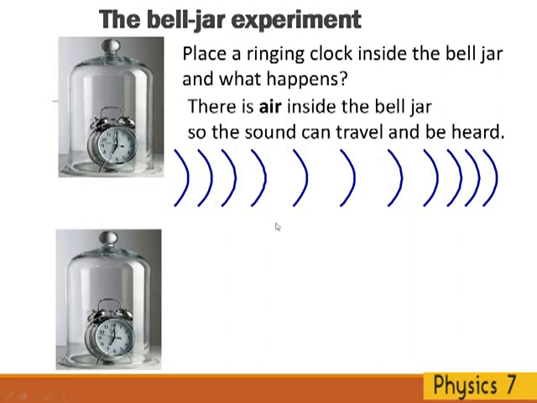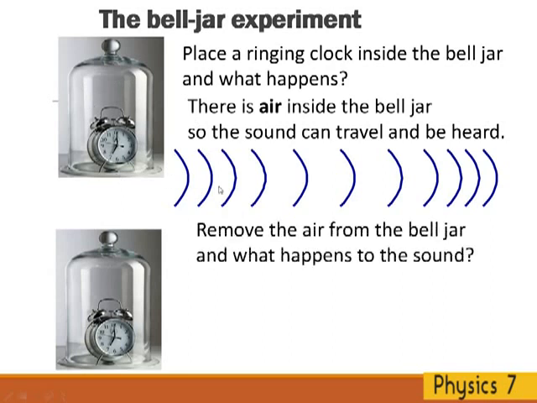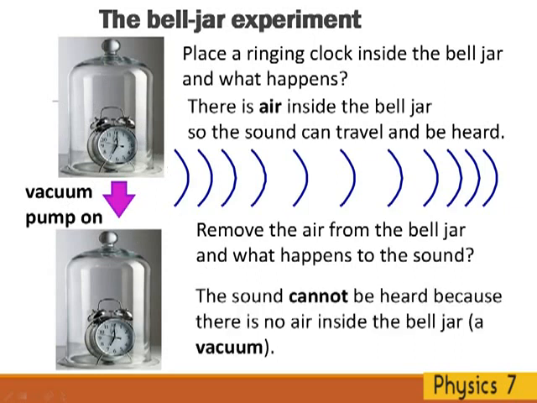Now, what would happen, do you think, if we were to remove all the air inside of this bell jar? So in other words, if we get a vacuum pump and we pump out all of the air from that bell jar, and remember the clock is still ringing, then as you gradually remove all the air using the vacuum pump, the sound will get gradually lower and lower, and there'll come a point where the sound cannot be heard.